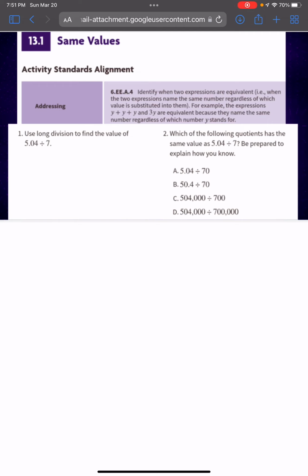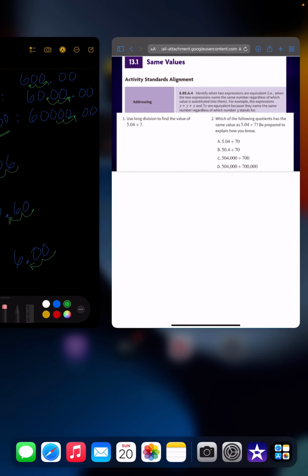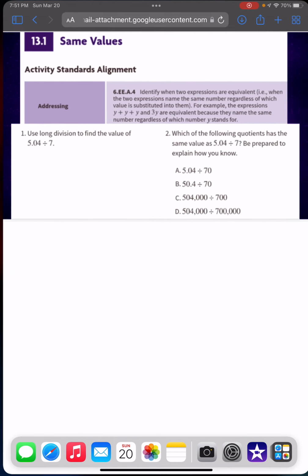You might just have to study your answer choices and give it a try. And we'll see if you're right. If not, then you can do the long division or the partial quotient division that we went over today. I didn't do the long division, but if you guys need that, then I'll do that separately. Okay? All right, guys.